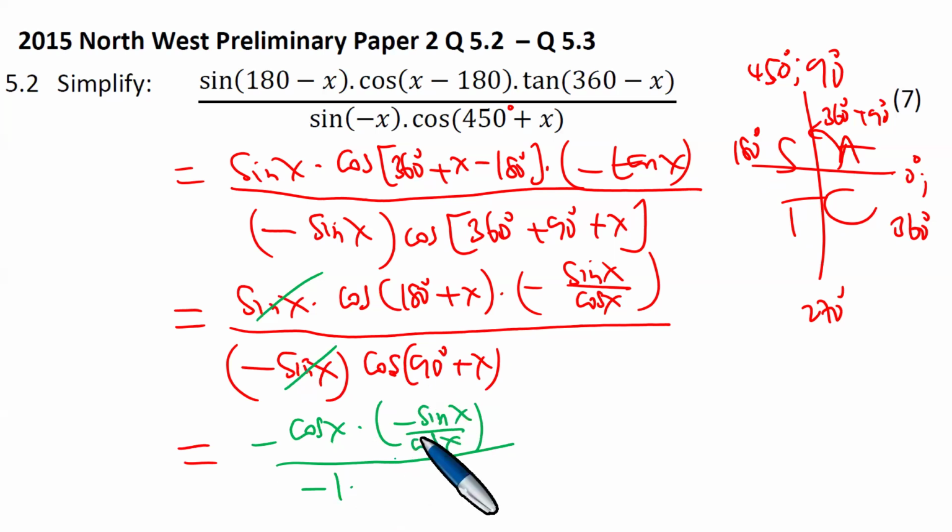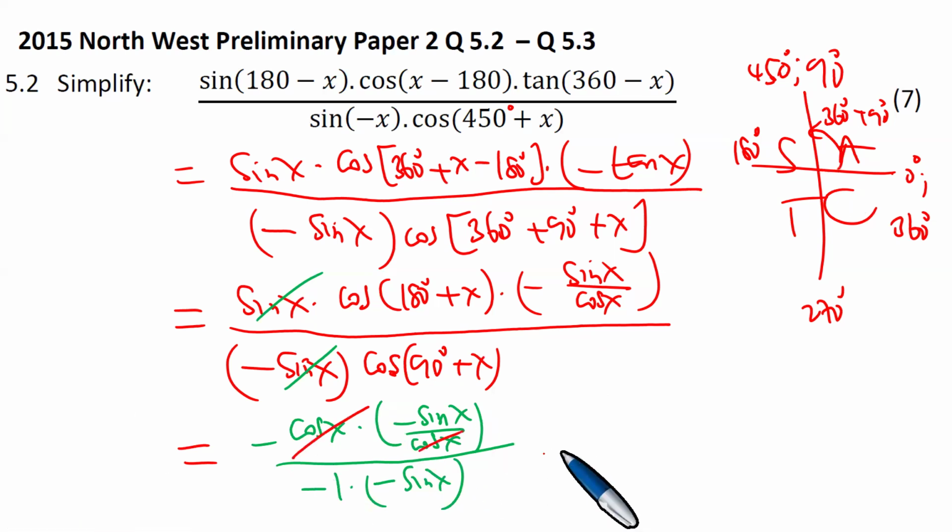In which quadrant is 90 plus x? It is in the second, where cosine is negative, but there's a cofunction change: it's the cofunction change of sine x. Right, we're good.